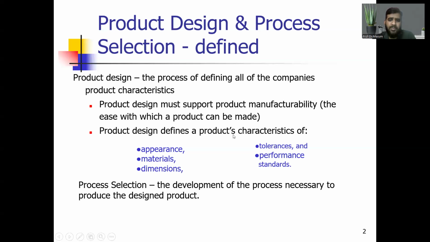Product design defines a product's characteristics of appearance, materials, dimensions, tolerances, and performance standards. And process selection will be based on the product design, the development of the process necessary to produce the designed product.